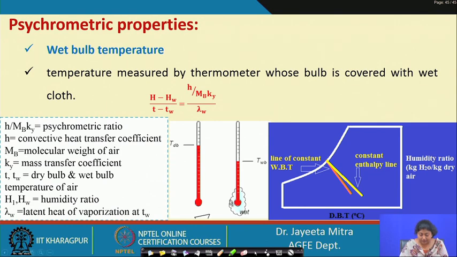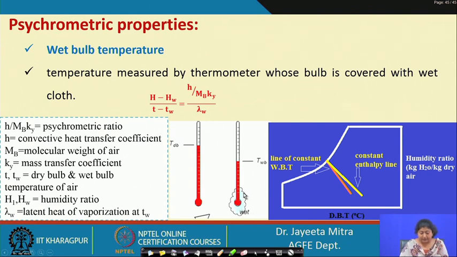Now, when we cover the bulb of the thermometer with a wet wick, then what happens is that it will try to come to an equilibrium situation, because the moisture will evaporate when it comes in contact with the dry air. So, the air starts to get saturated.